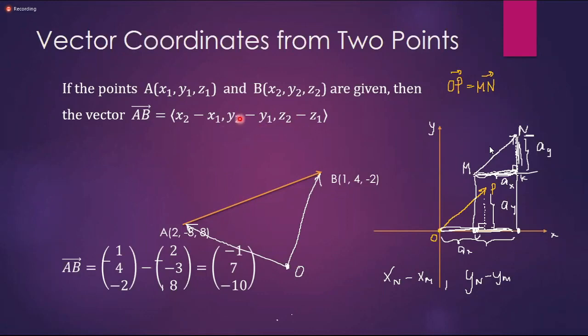Anything could happen as long as we remember that it's always coordinates of B minus coordinates of A, coordinate of end minus coordinate of start. That's the important thing for the vector coordinates.